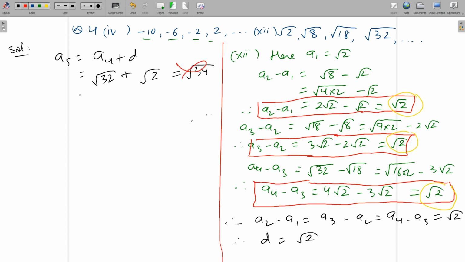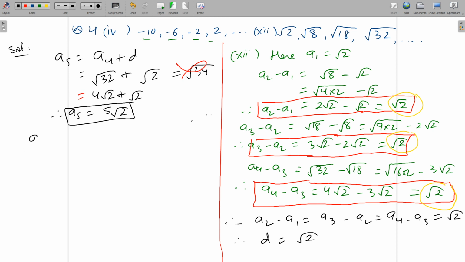What you have to do is write the square root of 32 as we have written here, that is 4 root 2. So 4 root 2 plus root 2 is equal to 5 root 2. Therefore a5 will be 5 root 2. This is how you have to write.